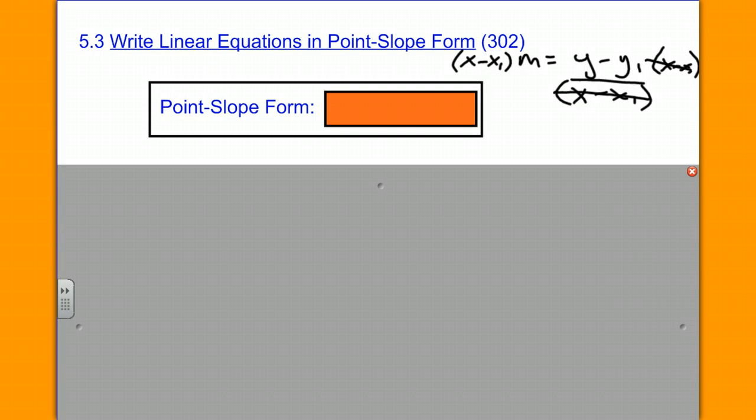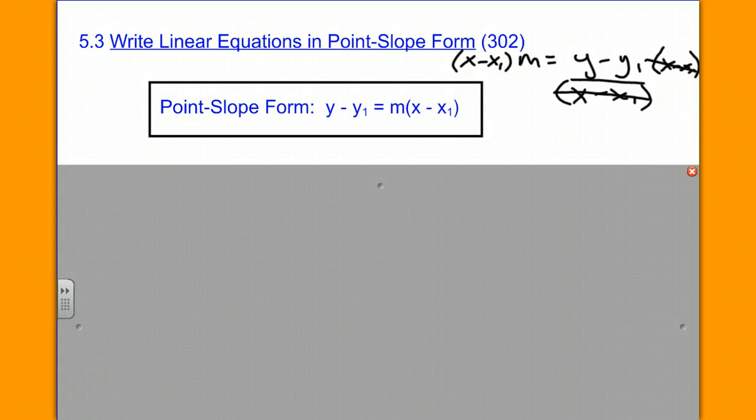And that would isolate the y's all on one side. Do you see that? And once we do that, we have point slope form. And so here's what it looks like when we put y on the left side. y minus y1 equals m times x minus x1. It is just your slope formula that has been transformed a tiny bit.